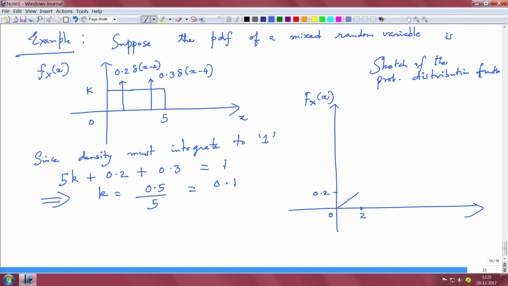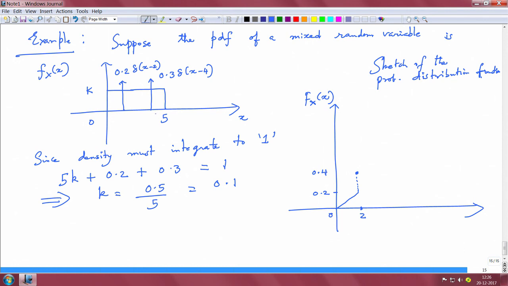Then at x equals 2 I have a jump of 0.2, which I can indicate through dotted lines. So, I go to 0.4.